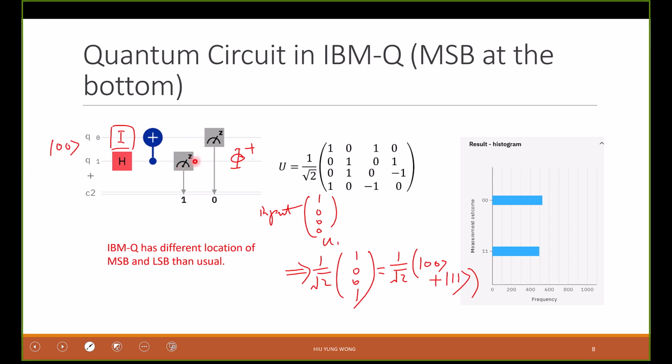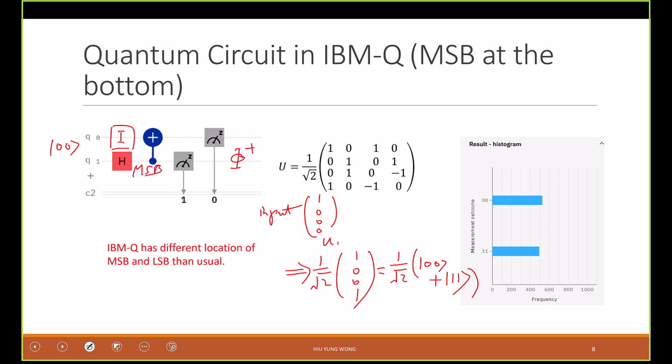But basically, you add the measurement, and we have 2 classical bits to store the measurement result. By default, the 0th qubit will go to the 0th classical bit. The qubit 1 will go to the classical bit 1. So this is the most significant bit, right?